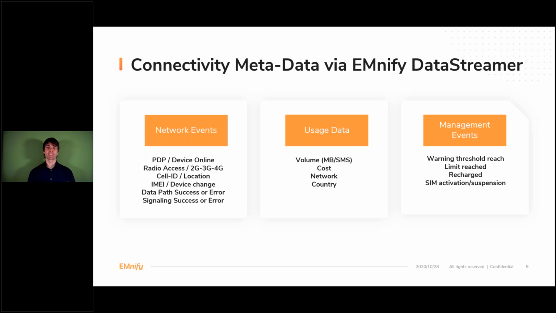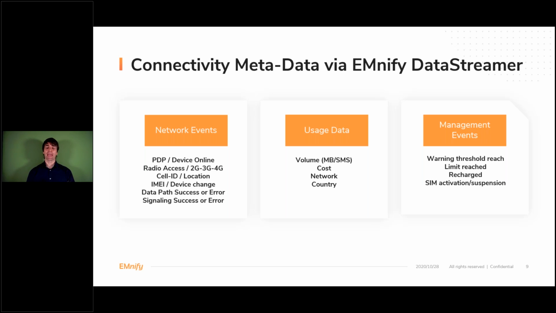You have visibility on the cell ID and location of the device. You can see if the IMEI, the device identity, has changed, or if there are any successes or errors on the data path or on the signaling path. The signaling is everything that happens before the device is actually able to send data.